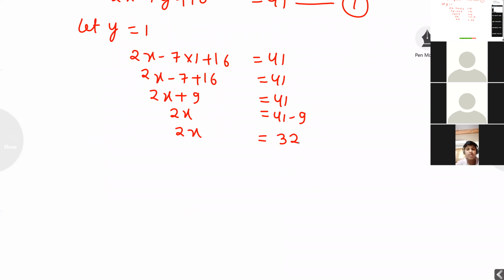Now x is equal to 32 divided by 2, 16. When y is 1, then x has come 16. Now first coordinate has come 16 comma 1.